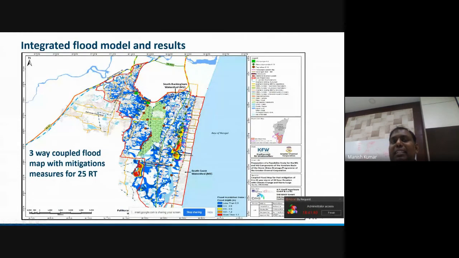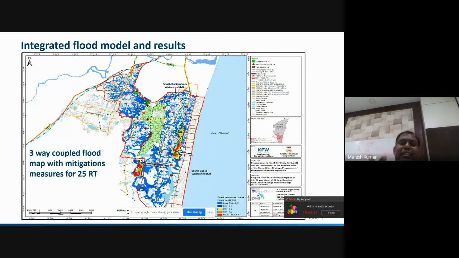These manholes are connected to the river at different locations, and if the river level is high, the water will not go into the river, or there may be a backwater effect, which can cause further delay or stagnation of water around manholes. And if there is more water in the river system, it can go into the basin and cause flooding. So it's basically a three-way coupling where you get inundation.